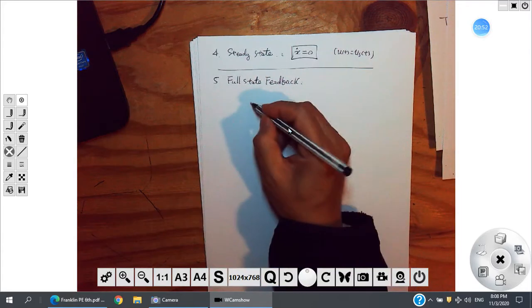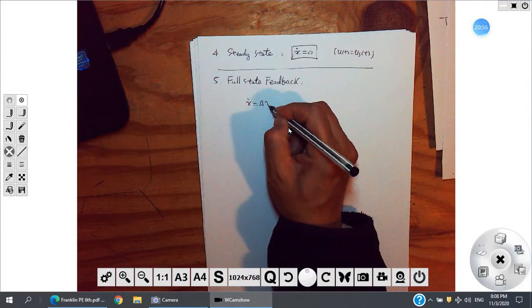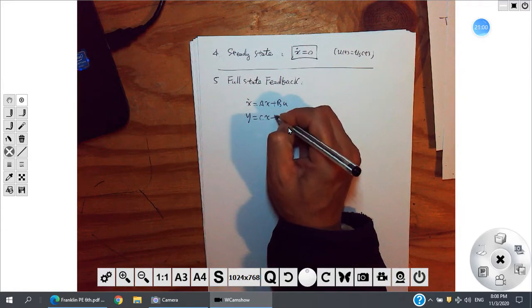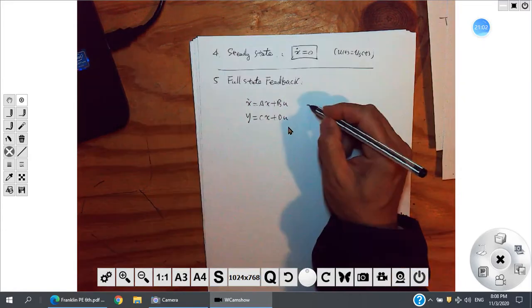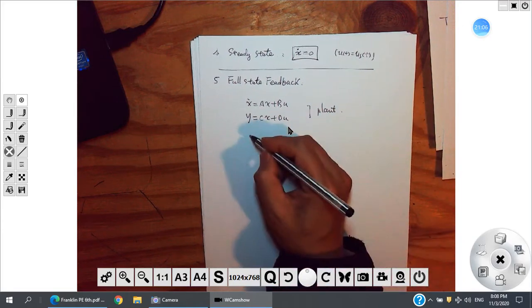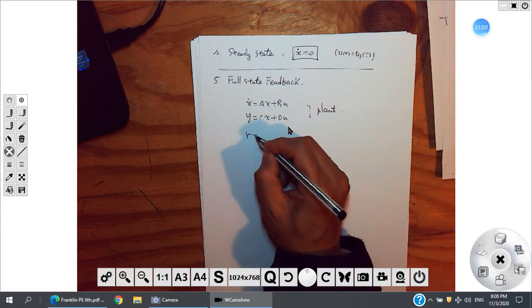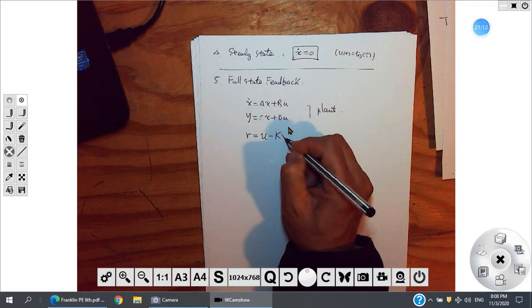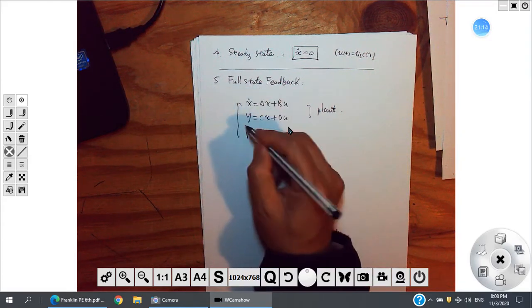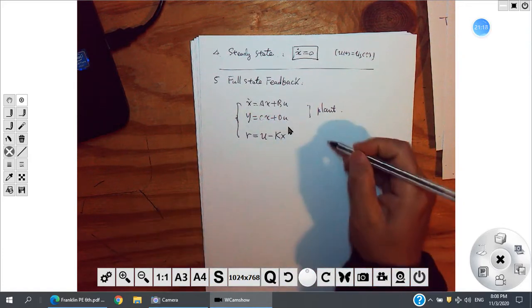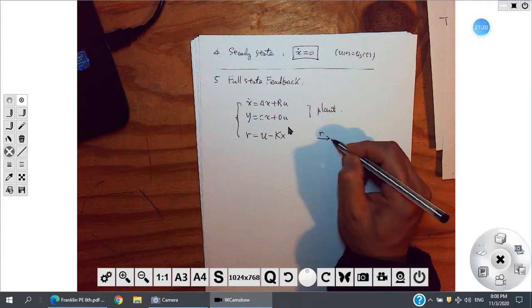Now we have system look like this: x dot equal to Ax plus Bu, y equal to Cx plus Du. This part, this is a plant. Right, this is plant. Then we add the feedback u equal to r minus Kx. So this is a full state feedback. Alright, full state feedback. You can see you have r.